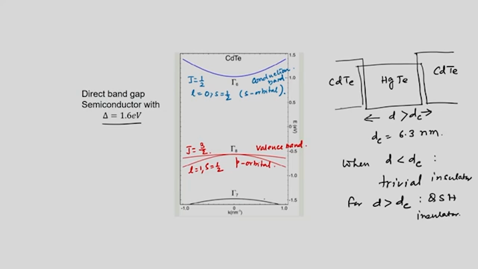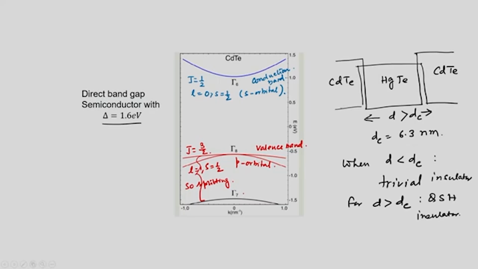And this gamma 7 that you see is separated; this is basically the spin orbit splitting. It actually has the same symmetry, but this corresponds to J equal to 3/2 and this corresponds to J equal to half, and it is not important for the discussion.